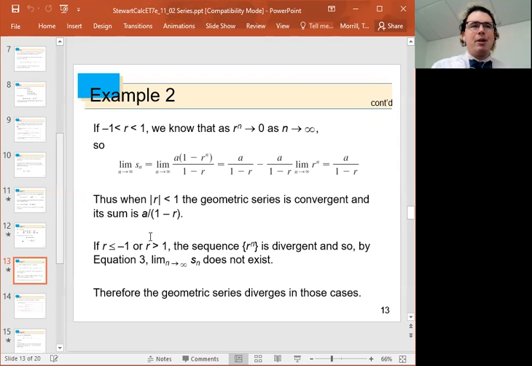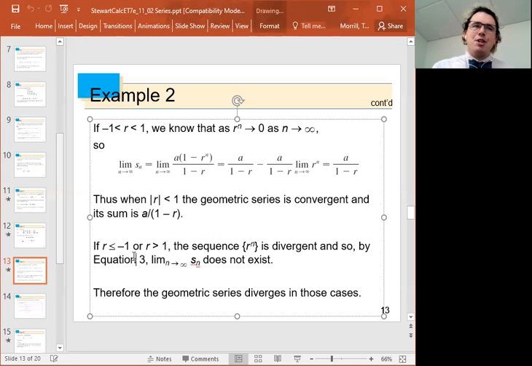Now, what could happen if r is not between these two numbers? Either our common ratio r is less than or equal to -1, or the common ratio r is strictly greater than 1. We already covered r equals 1 in the previous video clip.